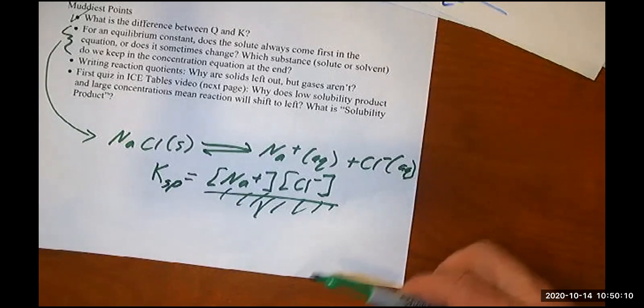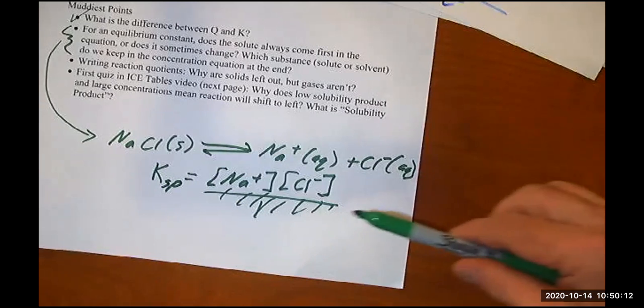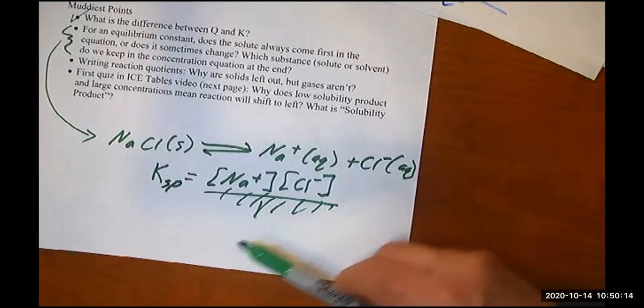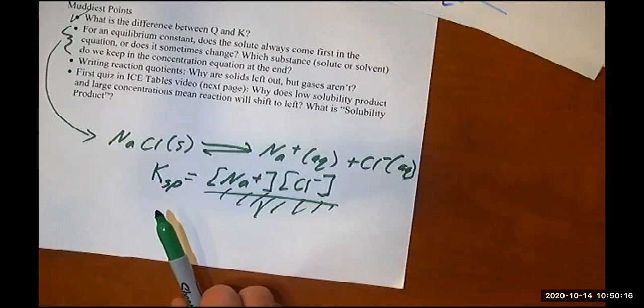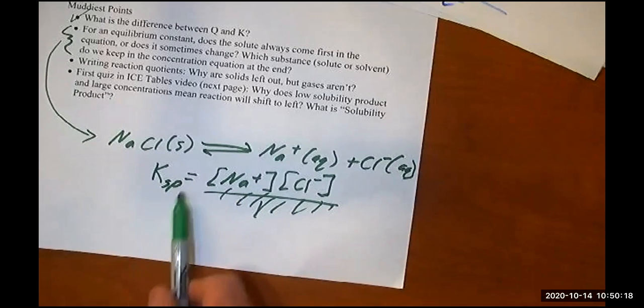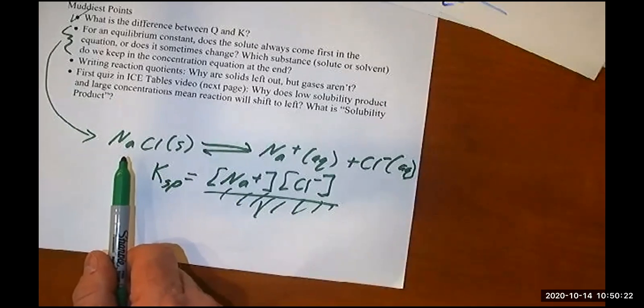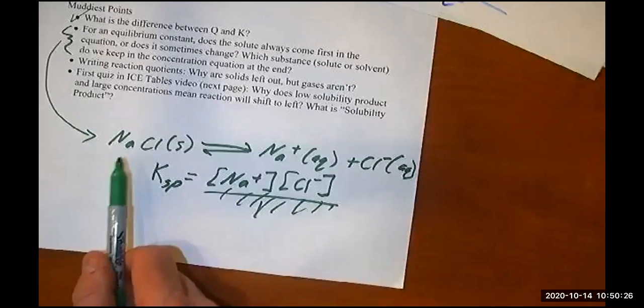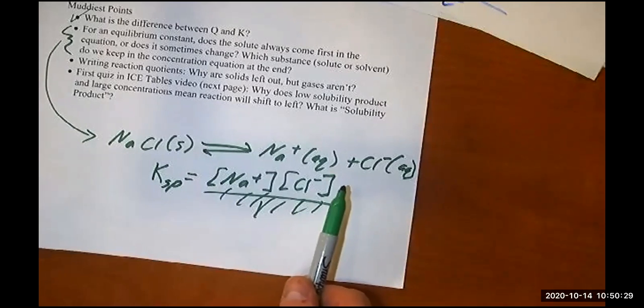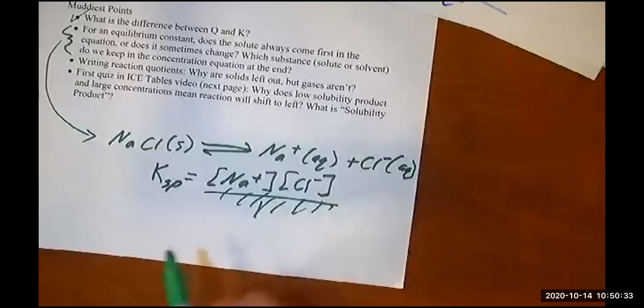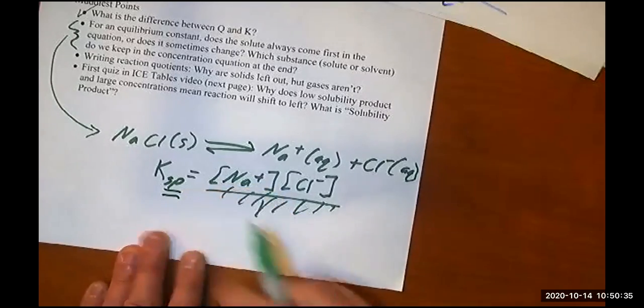And so, yes, when we are looking at an equilibrium that is a solubility product, that designation solubility product means that we have the undissolved solute on the left, and we have the dissolved solute on the right. So that's the convention by what we mean by solubility product.